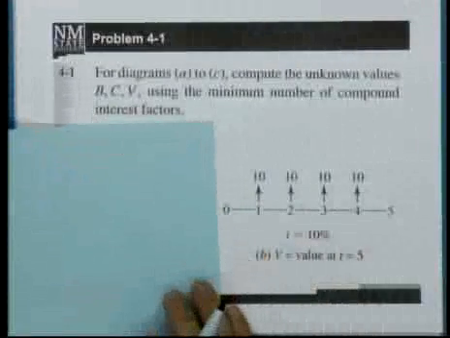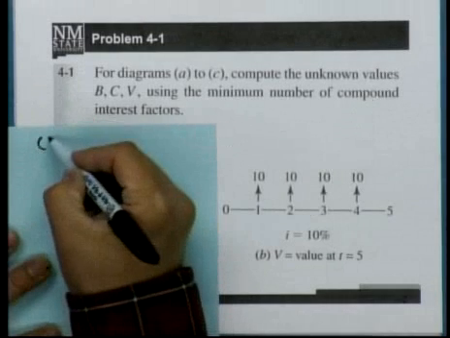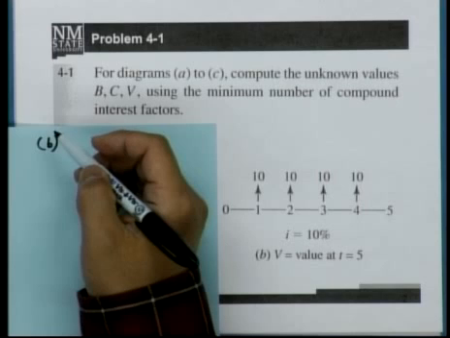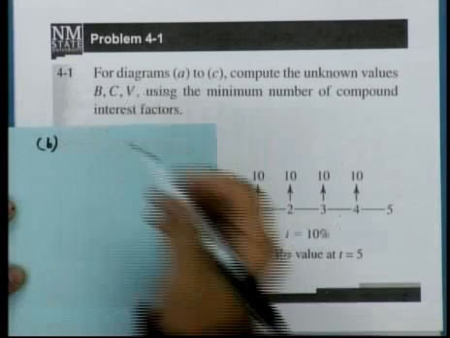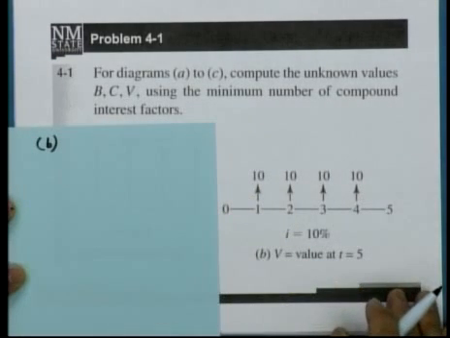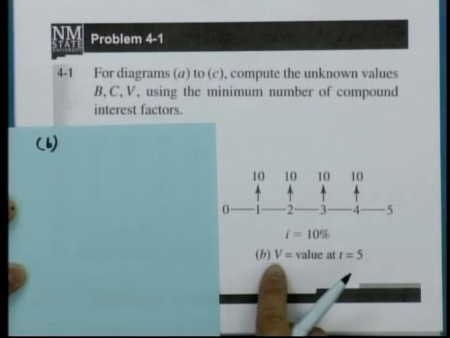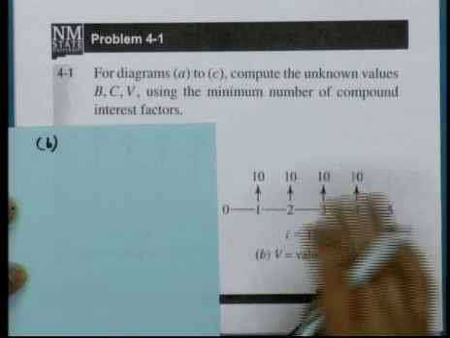Okay, then what about question B here? So we want to calculate the future sum V at time period 5. And we can notice that this is not a standard cash flow, right?